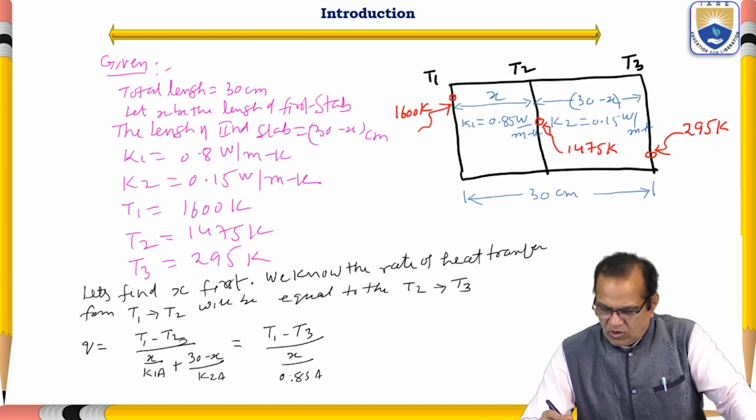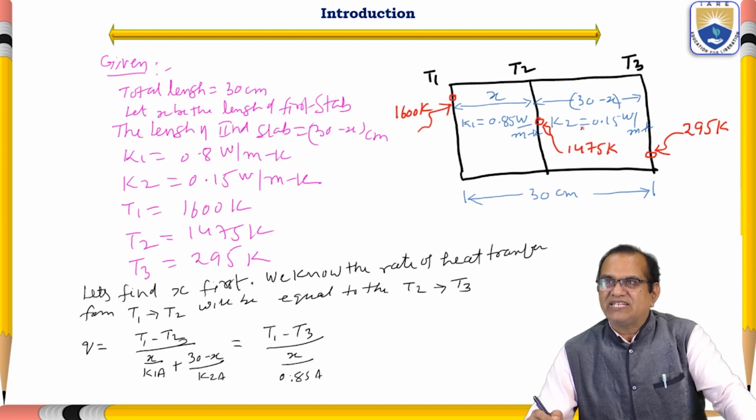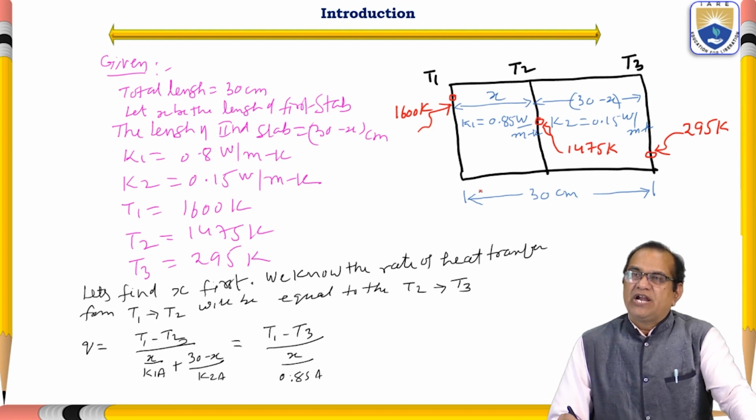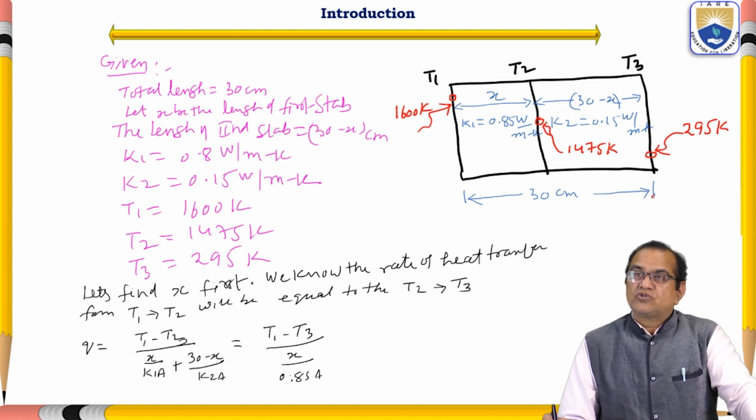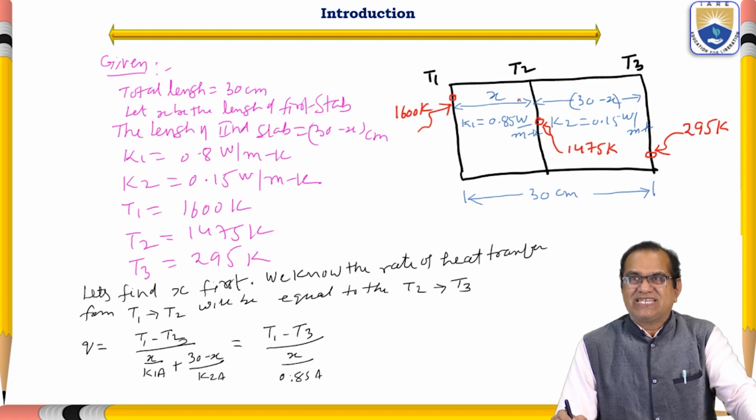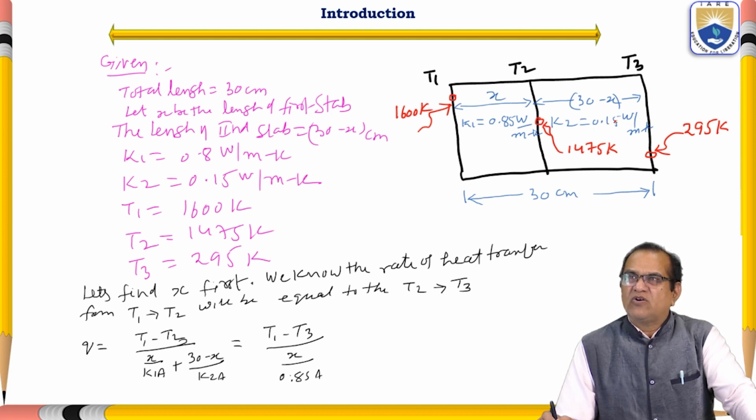So here we have one is brick, another is the insulation, and the total thickness is 30 centimeter. We have to assume that from T1 to T2 the thickness is X. So the remaining will be 30 minus X. K1 of this material is given as 0.85 watt per meter Kelvin, and K2 is given as 0.15 watt per meter Kelvin.